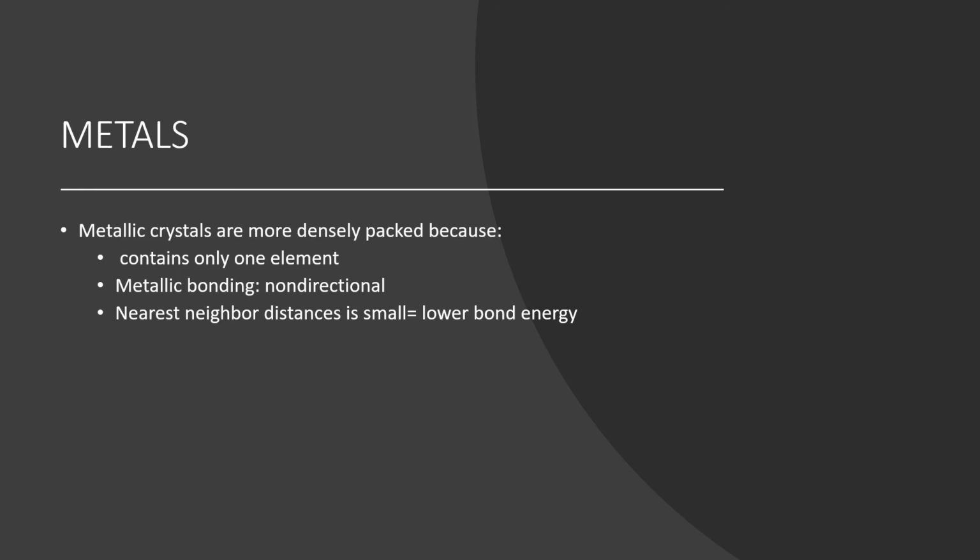In contrast, metallic crystals have metallic bonding, which is non-directional, and that also makes them much more densely packed. The nearest neighbor distances are very small as well because metallic bonding has low bond energy. So for all of those reasons, metallic crystals are more densely packed.